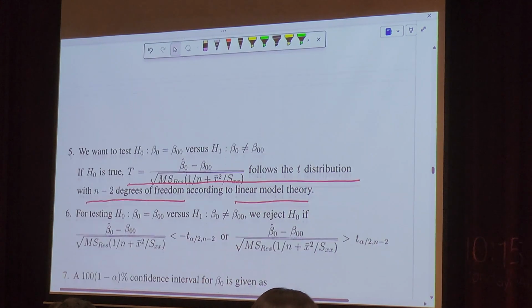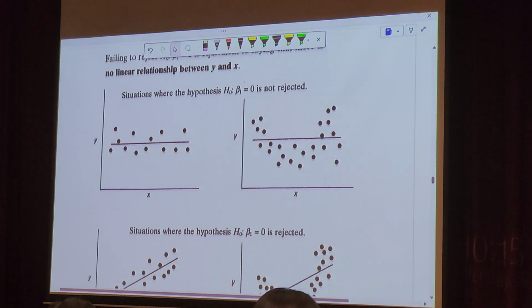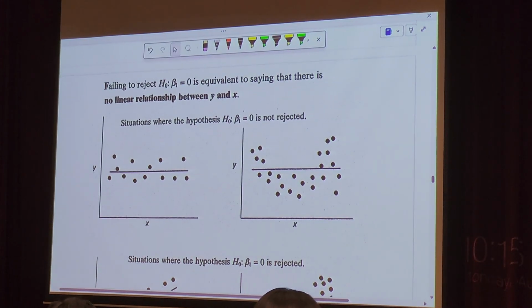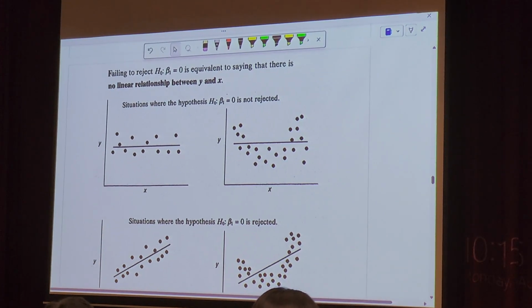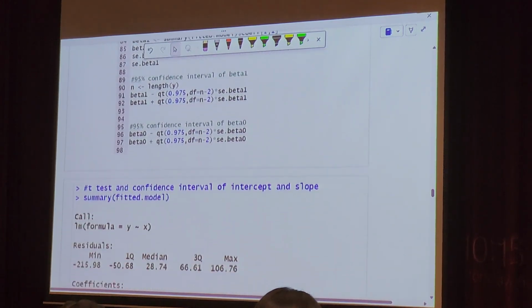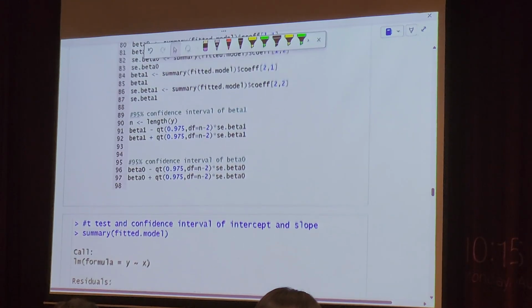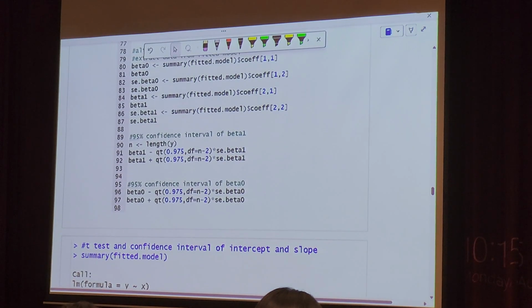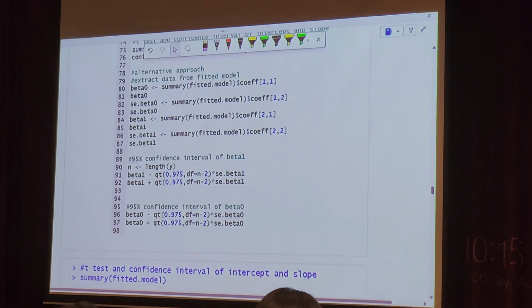So, when we test beta 1 equal to 0, we're testing for a linear component. Is there any linear component in the relationship? Yeah? So, you can do that. Here, I have also tried to do it by hand for you.